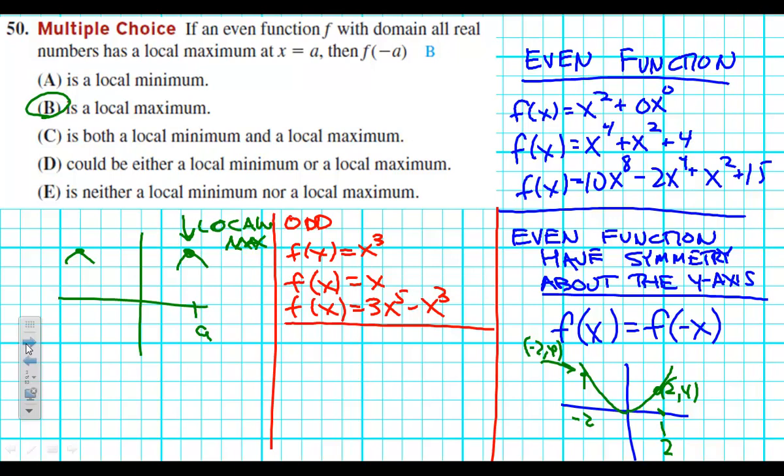Are they symmetric? They are. They are symmetric about the origin. They have what's referred to as point symmetry, not line symmetry. Point symmetry, not line symmetry.